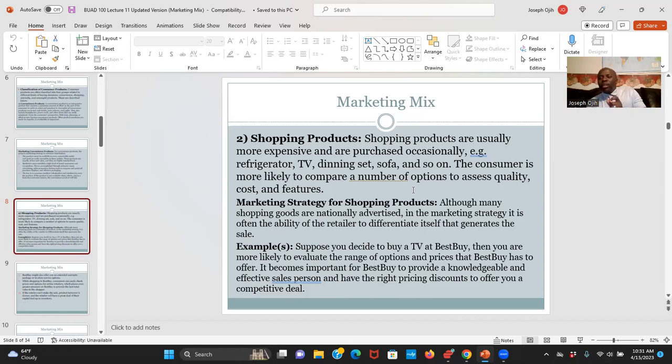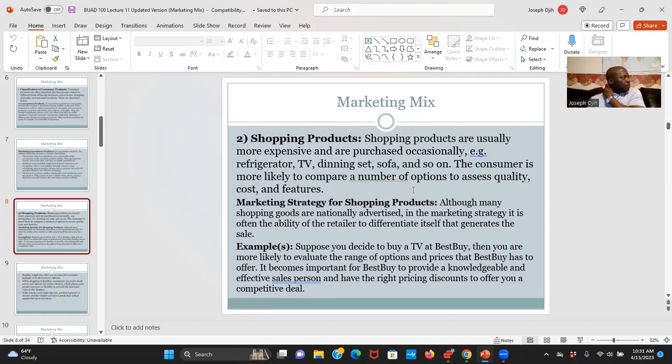When they're marketing a shopping product like TV, dining set, sofa, automobile, the marketing strategy is for the producer or the retailer to differentiate the product from the crowd so that they can generate sales.